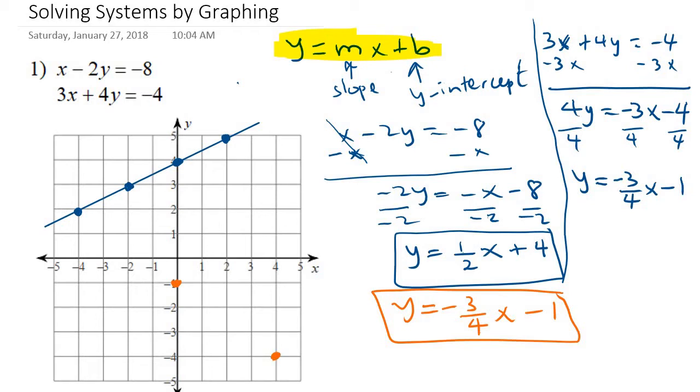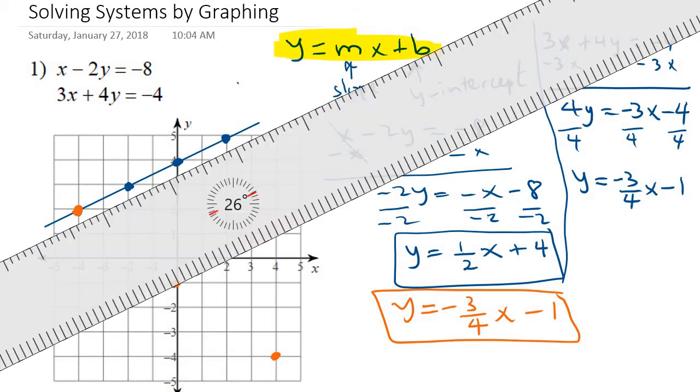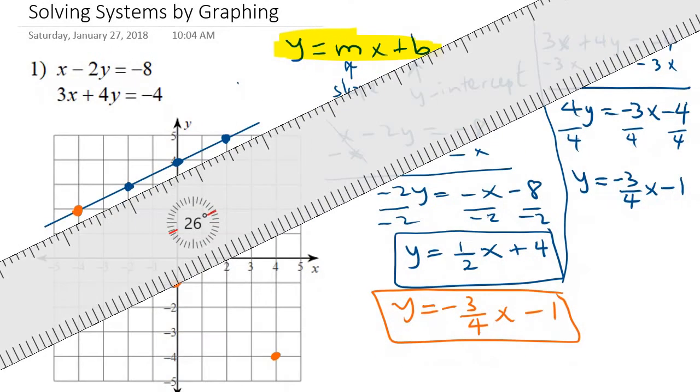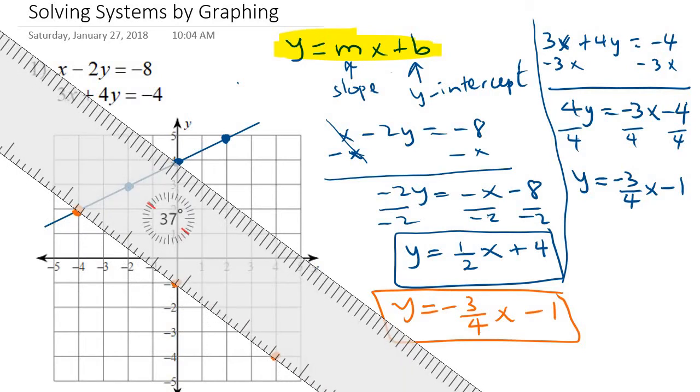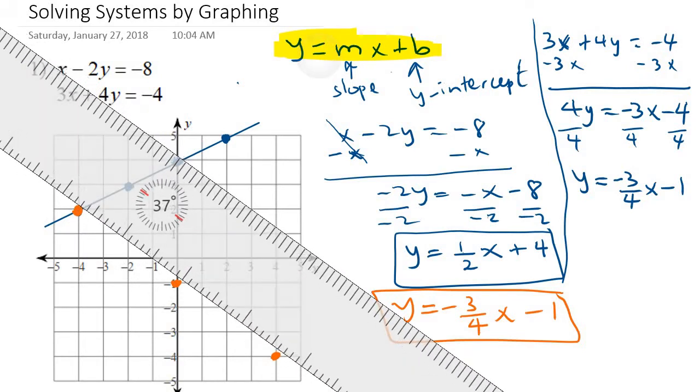Then we can do the same thing by going 3 up, 1, 2, 3 and 4 to the left. 4 to the left will be over here. And now we run out of graph space. We just grab a ruler and connect those points together in a straight line.